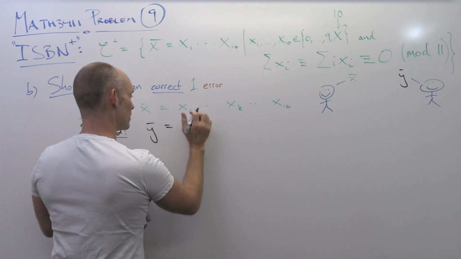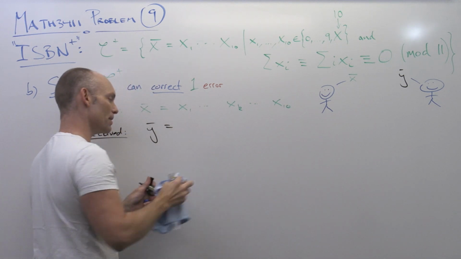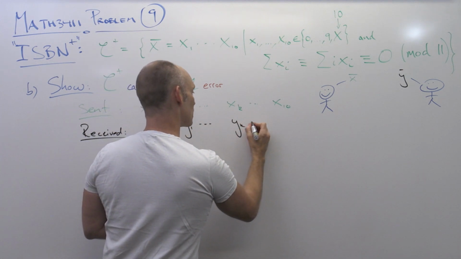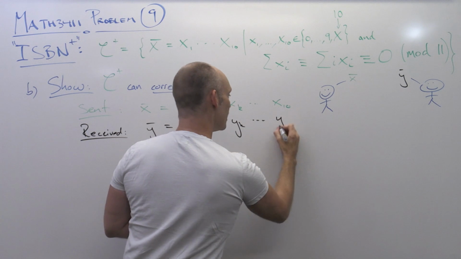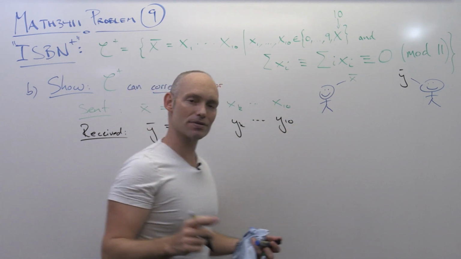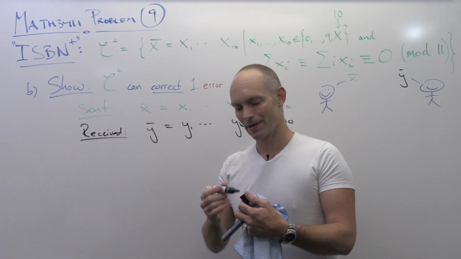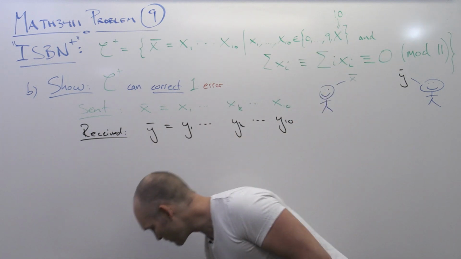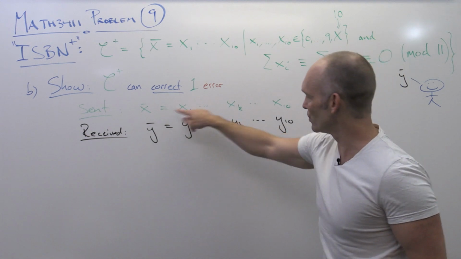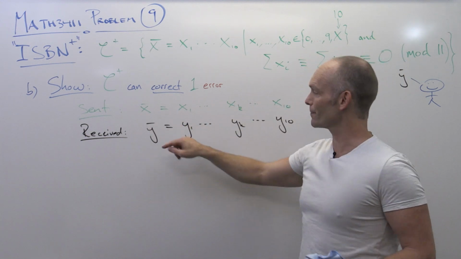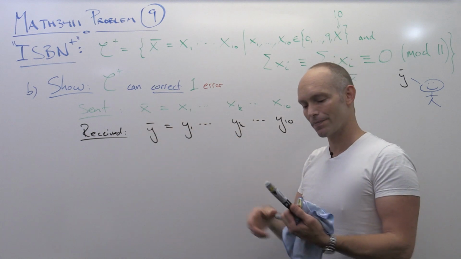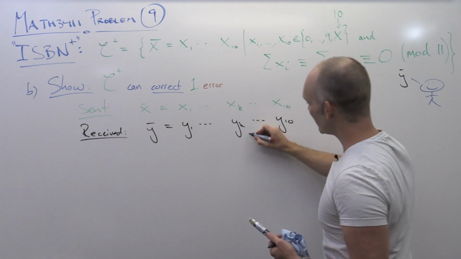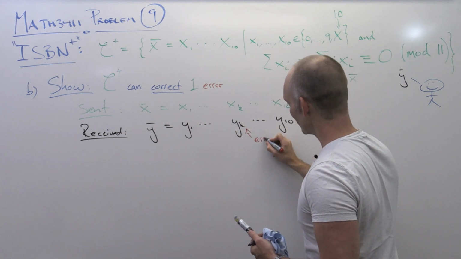Y, and we have a Y there, not an X. So Y1, and like so. And let's assume that there's exactly one error here. And that error is in some position. Let's call it the kth position there. So these two words here, the code word that was sent and the word that was received, they're exactly the same in all of the coordinates except exactly one coordinate where we have one error here.